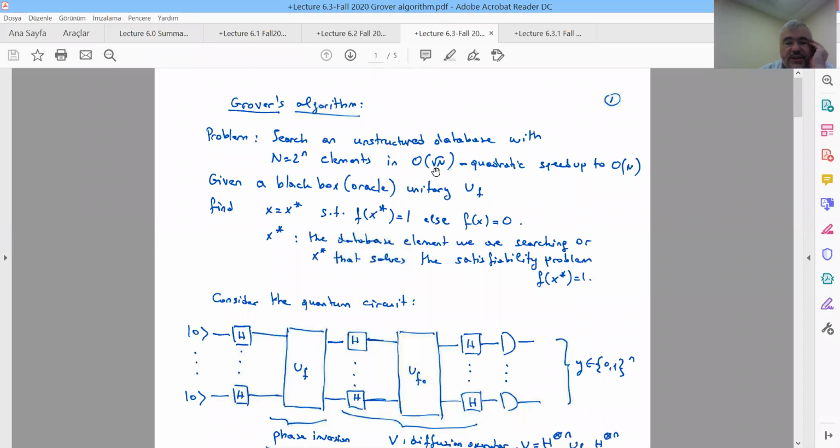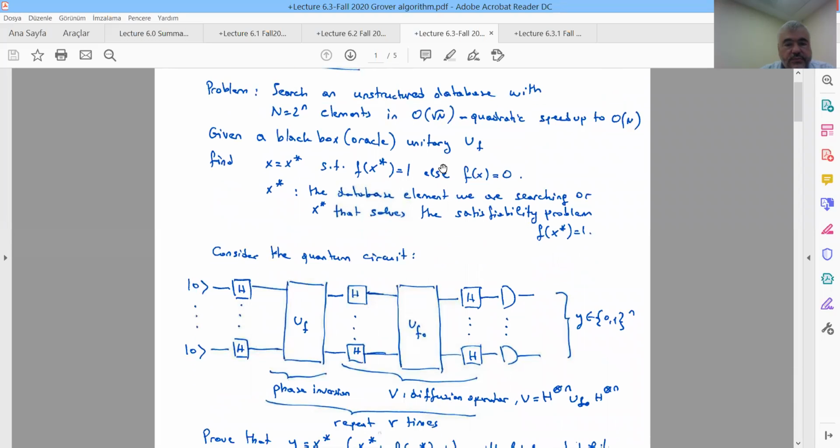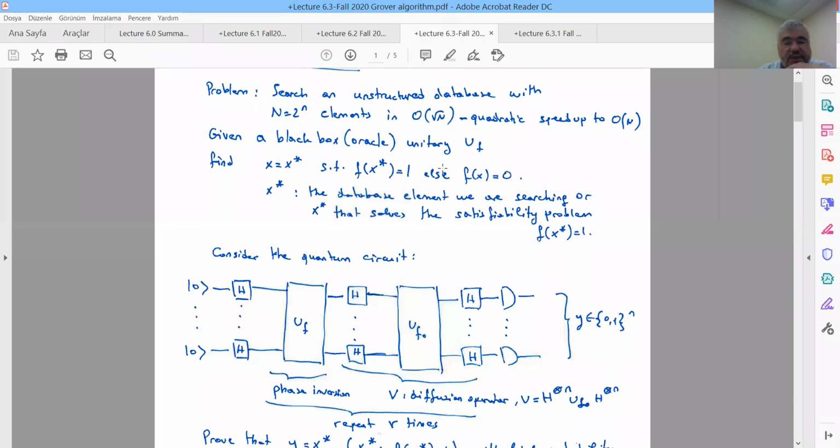But quantum mechanically, Grover's algorithm solves this unstructured database search problem in order square root of N operations. So that's a quadratic speedup. Formally, we can represent this problem as follows.